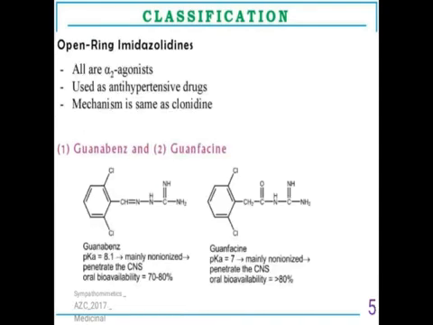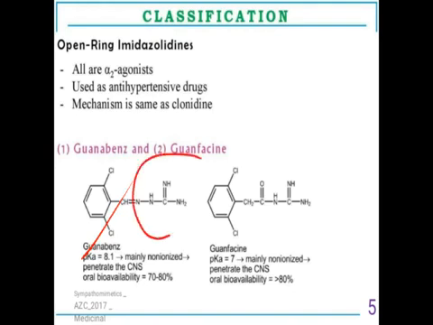Then open ring imidazole, in that there are two examples: one is guanabenz, the second one is guanfacine. Guanabenz has a pKa value of 8.1, so it is mainly non-ionized and can penetrate the central nervous system. Similarly, guanfacine also has a pKa value of 7, so it is also present in the non-ionized form and can penetrate the central nervous system.